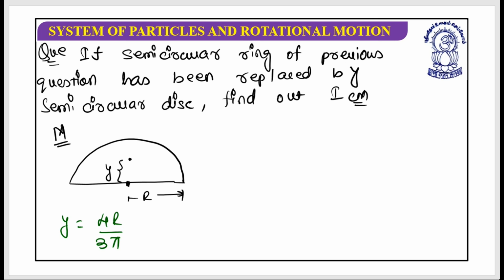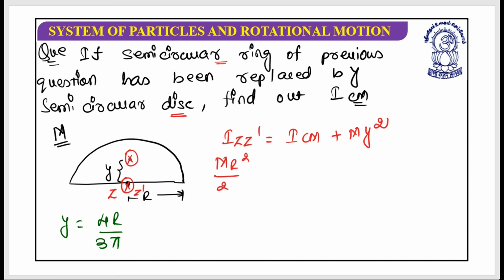Now, what I'm supposed to do is the same thing. This is given, that means IZZ dash is known, and I center of mass is required. So IZZ dash is equal to I center of mass plus m into y square, that we have done previously. But this is a semicircular disk. So IZZ dash would be equal to mr square by 2.